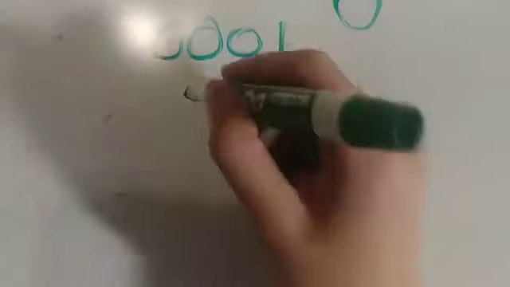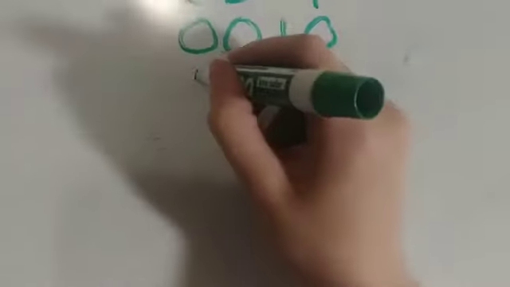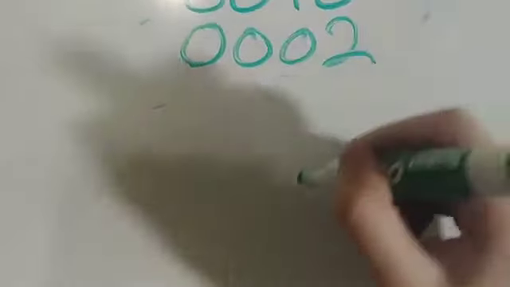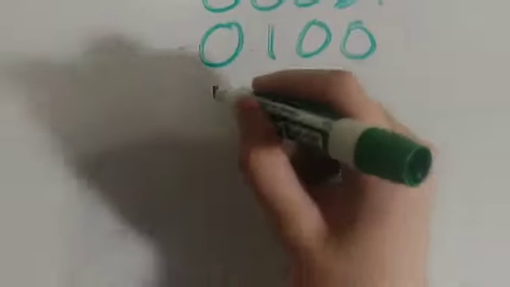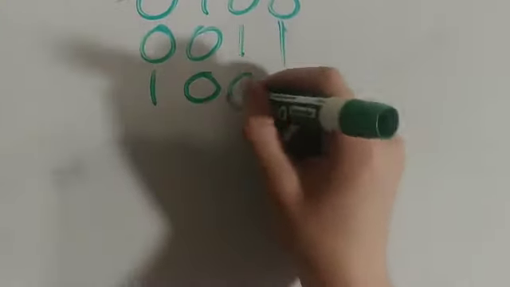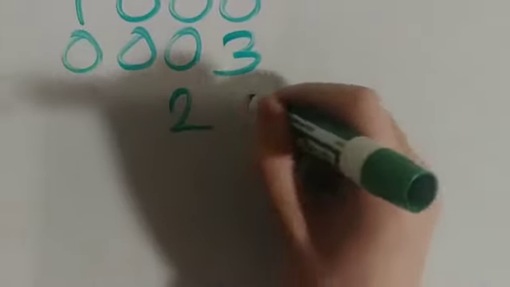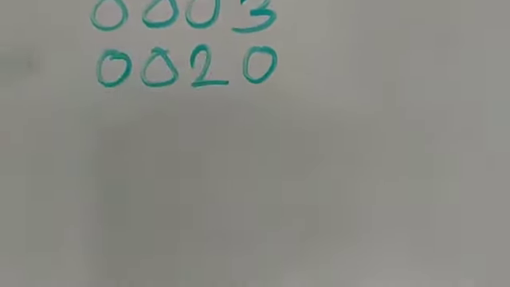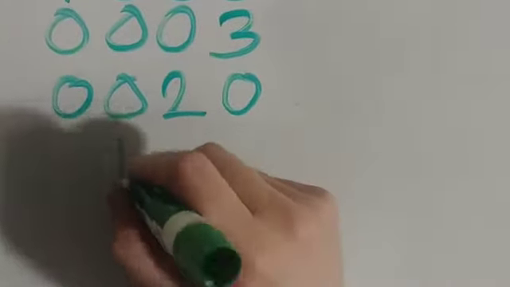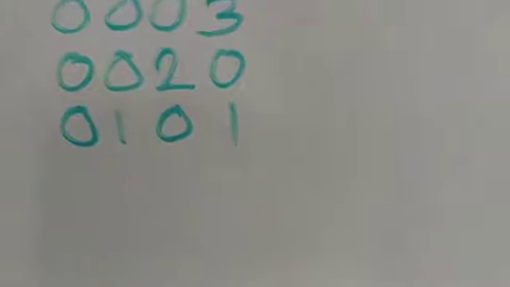So 2 is 0001. 3 is 0010. 4 is 0002. 5 is 0100. 6 is 0011. 7 is 1000. 8 is 3 with 3 zeros before it. 9 is 20 with 2 zeros before it. 10 is 101 with a 0 before it.